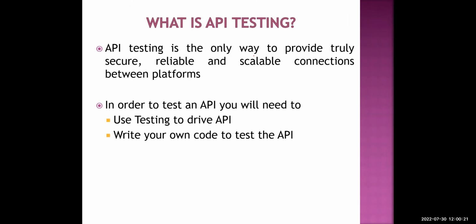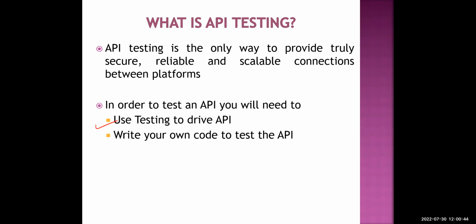API testing is a way, or the only way, to provide truly secure, reliable and scalable connections between platforms. So in order to test an API, you just need to understand how we can test it. Of course, we can also perform this API testing manually. For manual testing, we have a very beautiful tool.